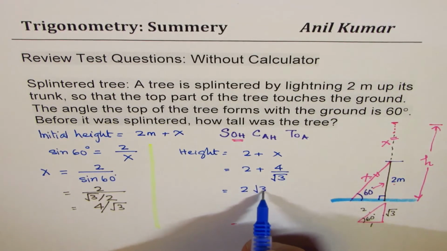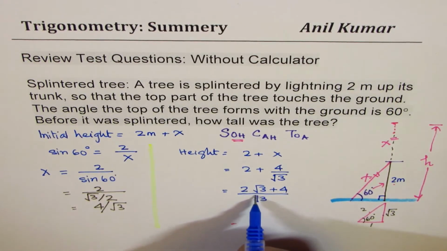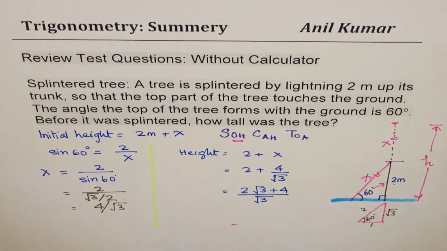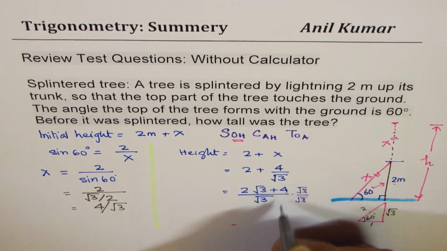So you get 2 square root 3 plus 4 over square root 3, right? Now at times you may be required to rationalize this, multiplying and dividing by square root 3 and get an answer without a radical sign. So that could also be an extension. So just multiply and divide by square root 3 to rationalize.